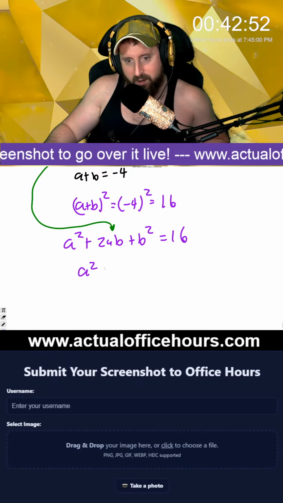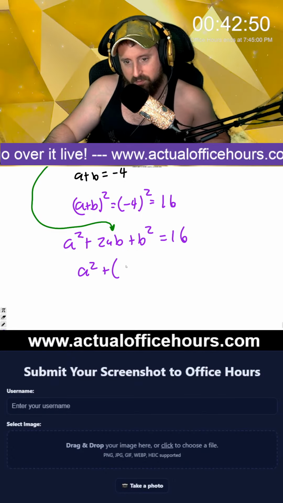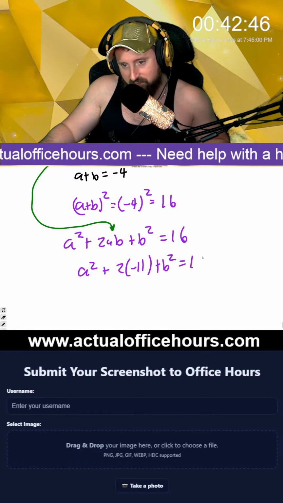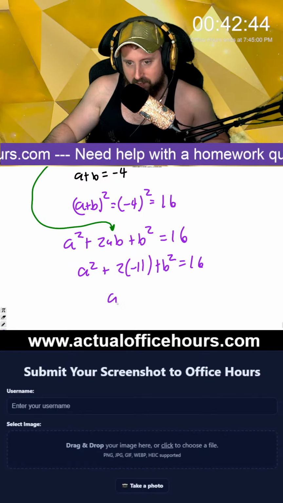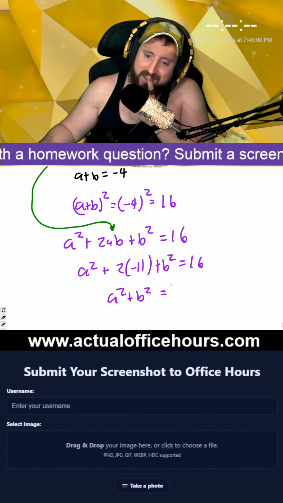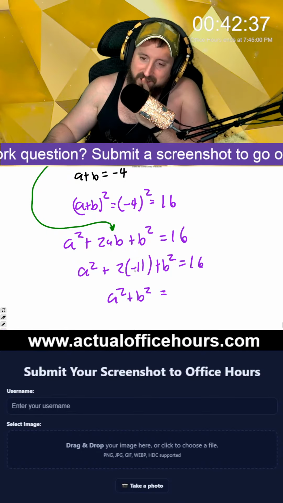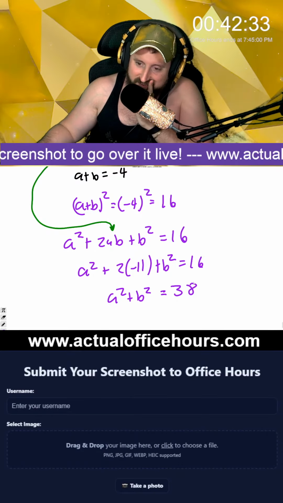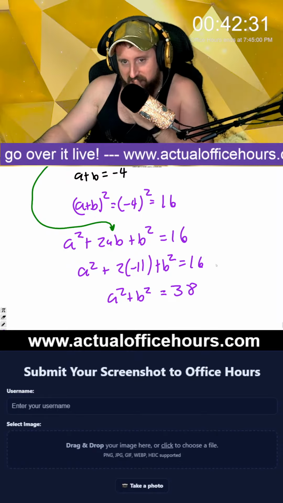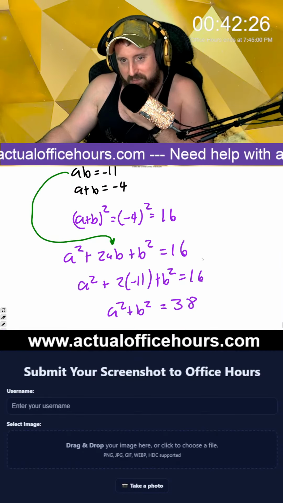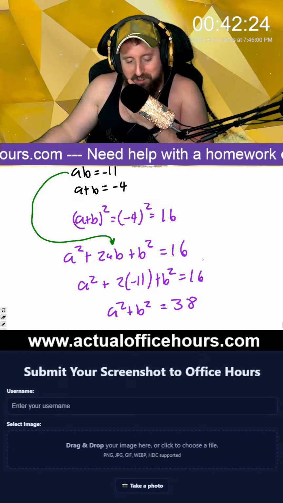So now I have a squared plus 2 times negative 11 plus b squared equals 16. So then a squared plus b squared is equal to, what's that? Negative 22 plus that is 38. Does this help us out? I feel like we're getting a little closer at least. So I have a plus b is negative 4. A squared plus b squared is equal to 38.